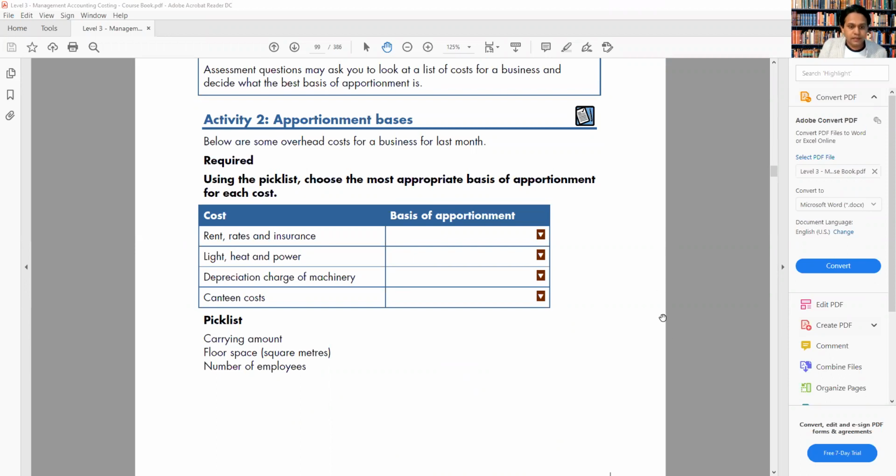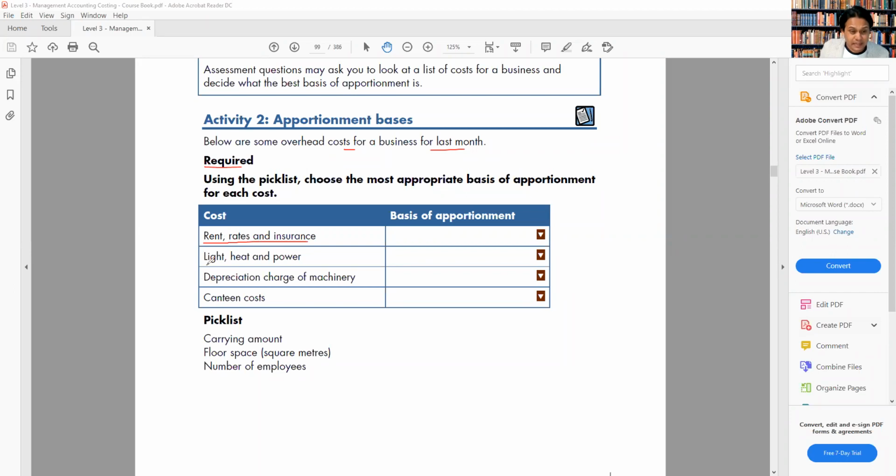Below there are overhead costs for a business for the last month. Requirement: using the pick list, choose the most appropriate basis of apportionment for each of the costs. We have rent, rates, and insurance.